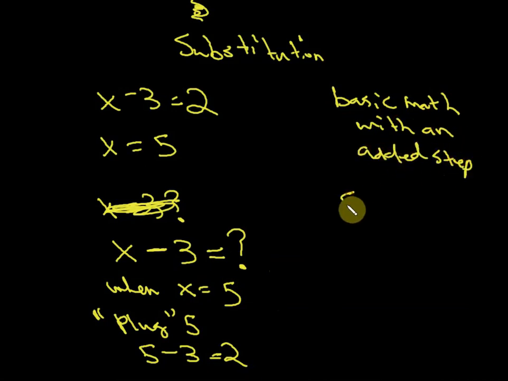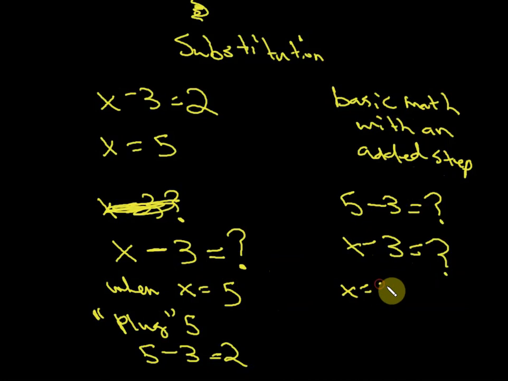So rather than saying 5 minus 3 is equal to what, I went ahead and added the additional step saying x minus 3 is equal to what when x is equal to 5. So here I didn't give you the answer, but when you look back here I kind of gave you the answer and then told you to solve for what gives you the answer of 2, right? So the complete opposite.